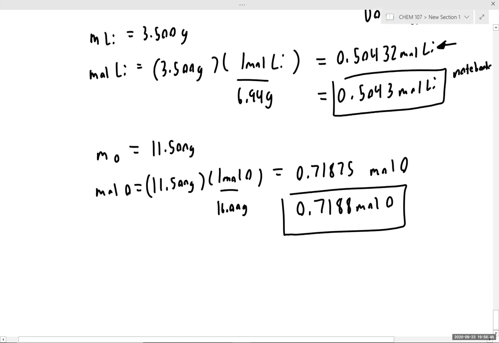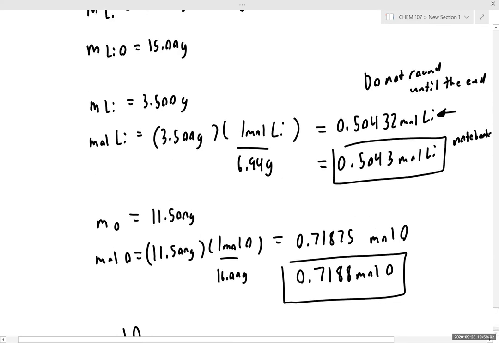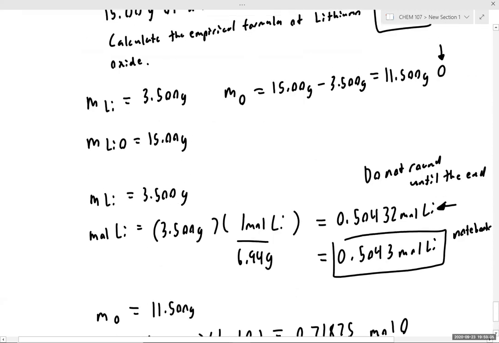Now we look at our mole to mole ratio. So we take the moles of oxygen divided by the moles of lithium. Let me just check one thing really quickly.